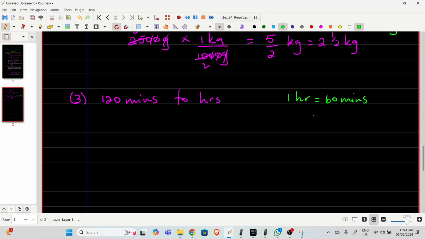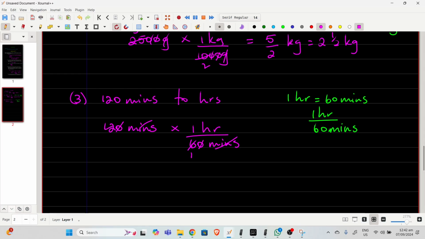So we're going to have 1 hour divided by 60 minutes, and that's our ratio. So I have 120 minutes times 1 hour divided by 60 minutes, and I cancel the units, and then it's 0, and then 6 into 6 is 1, 6 into 12 is 2, so we get 2 hours. Right?